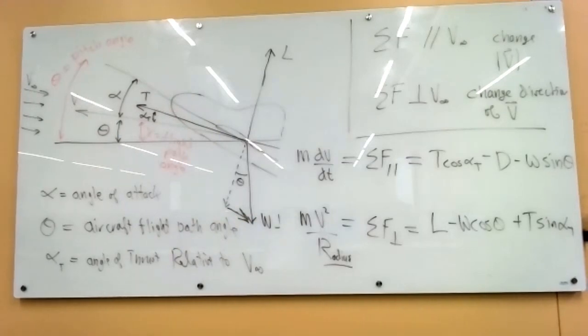So to climb, we need more thrust than if we're just in level flight. From an energy standpoint, it makes sense, right? If you're climbing, you're gaining potential energy. So you either lose kinetic energy or you have to add energy in via thrust. So you need more thrust than drag to climb. And that will tell us how fast the airplane can climb and in fact how high it can climb. So we'll get into that next time.